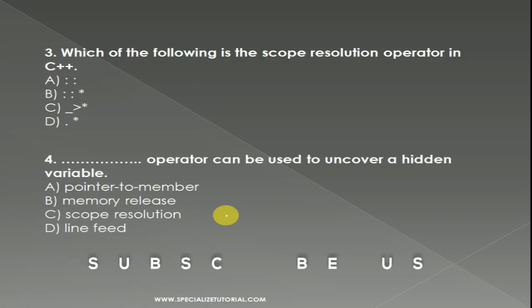Now question number 3: which of the following is the scope resolution operator? First of all, we should know what a scope resolution operator is. The scope resolution operator can be used to qualify hidden names so that you can still use them.